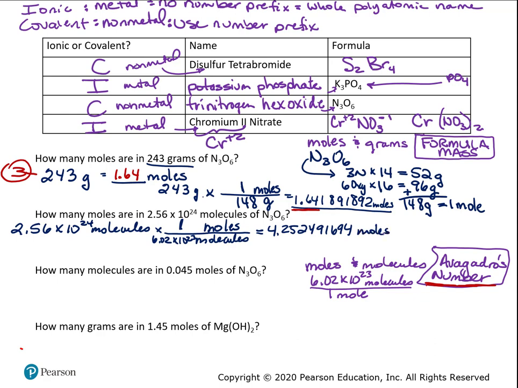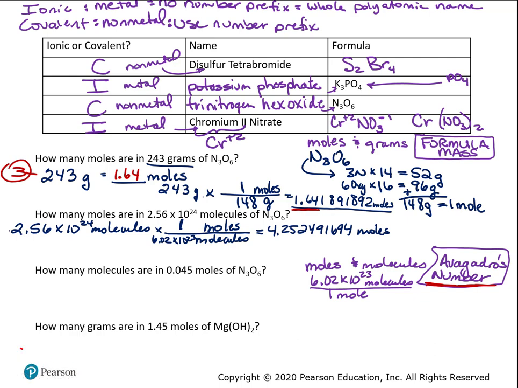Everybody got that? Okay, so if you need to, write your steps down on how you go about it: 2.56 EE, I put EE and circle it to make it look like a button, and then 24. And then divided by 6.02 EE 23. So again, I can't keep all of this, so what have I got to round this to?